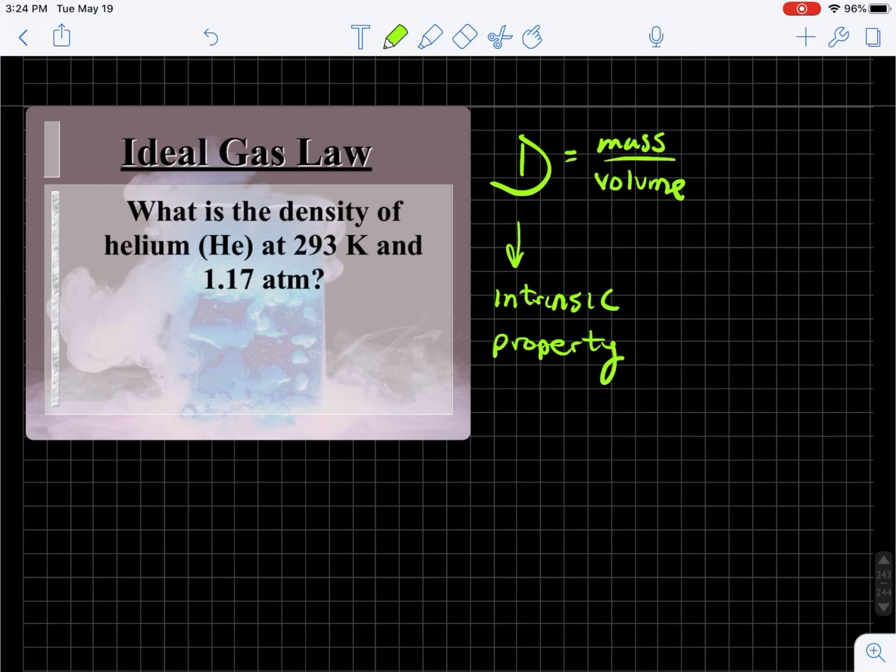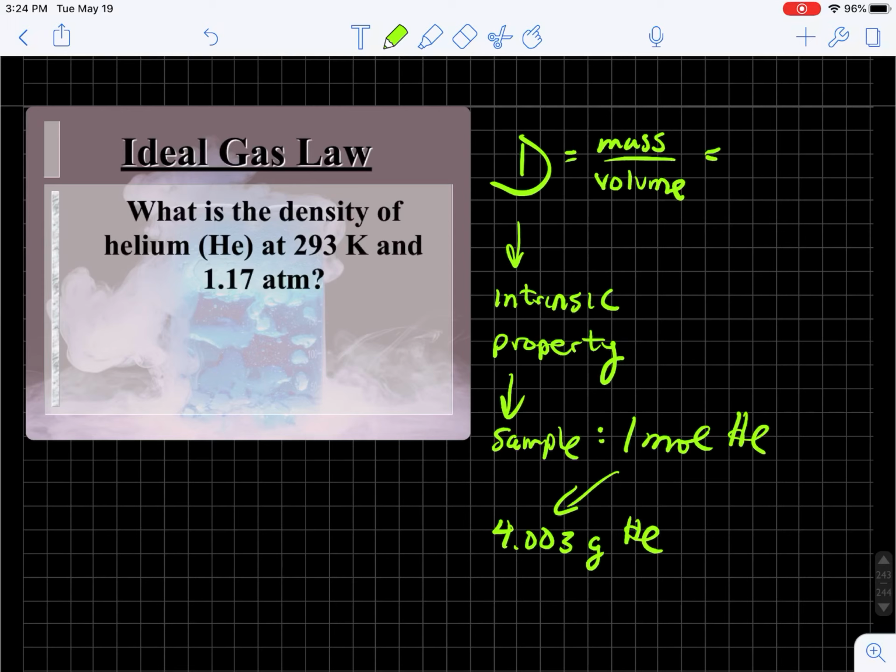So we can choose whatever sample size we want. So the sample size I'm going to choose is 1 mole of this gas. And if I look up 1 mole of helium on the periodic table, I get 4.003 grams for 1 mole. So that gives me a mass, 4.003 grams of helium. All right, so now I just need the volume.